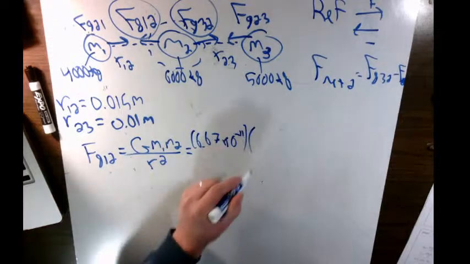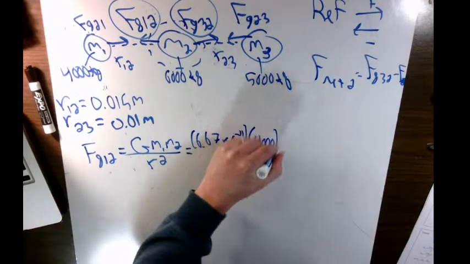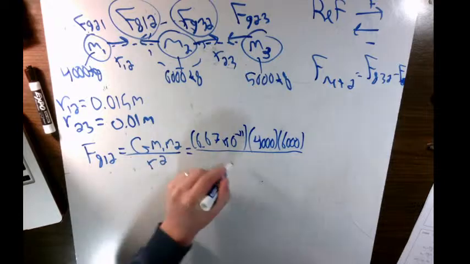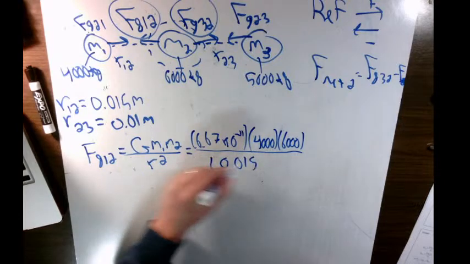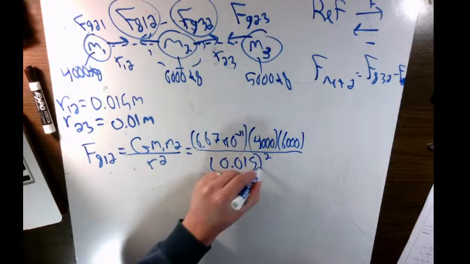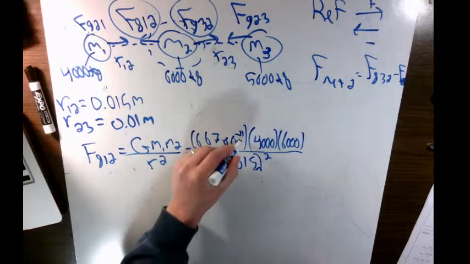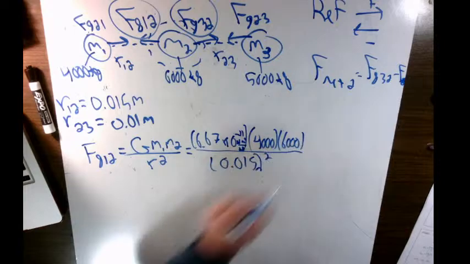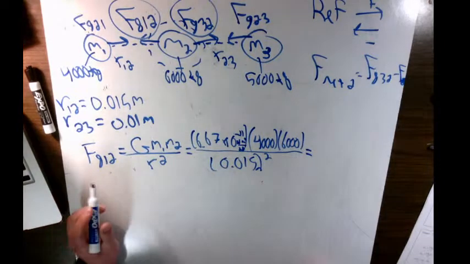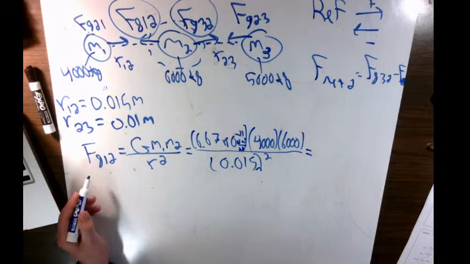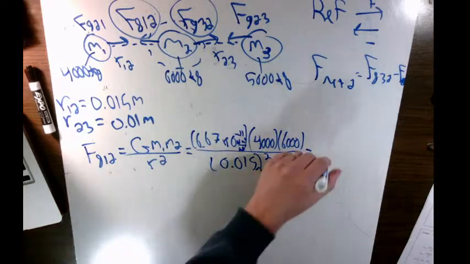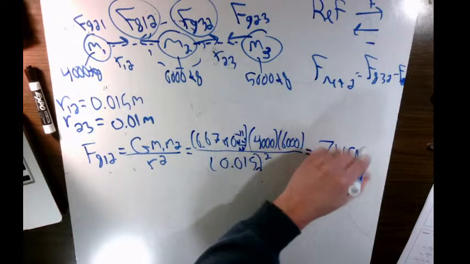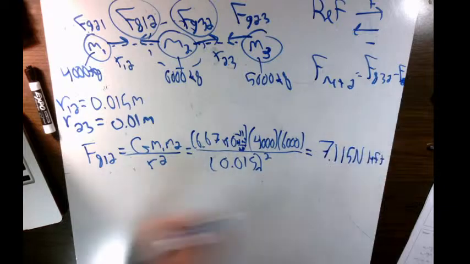We have our first mass, which is 4,000, our second mass, which is 6,000, and we're dividing it by 0.015, our distance, squared. So that'll be meters. That'll be our Newton meter squared per kilogram squared. These are both in kilograms, so our final answer will be in newtons, as it is a force, and it's going to be 7.115 newtons to the left.